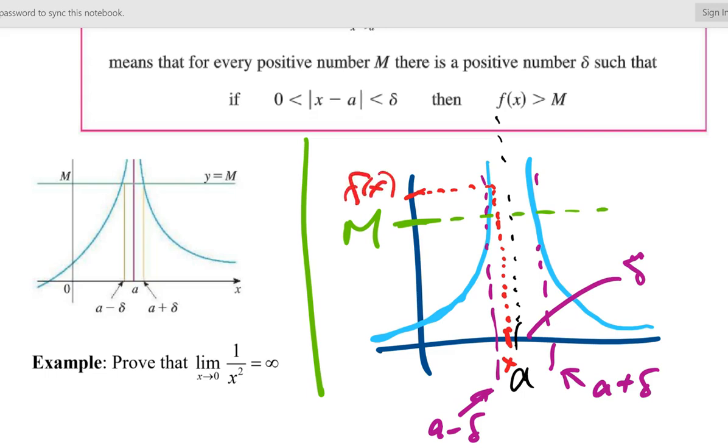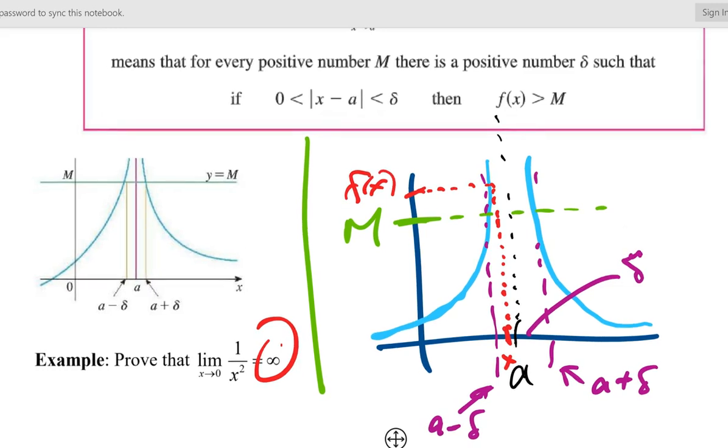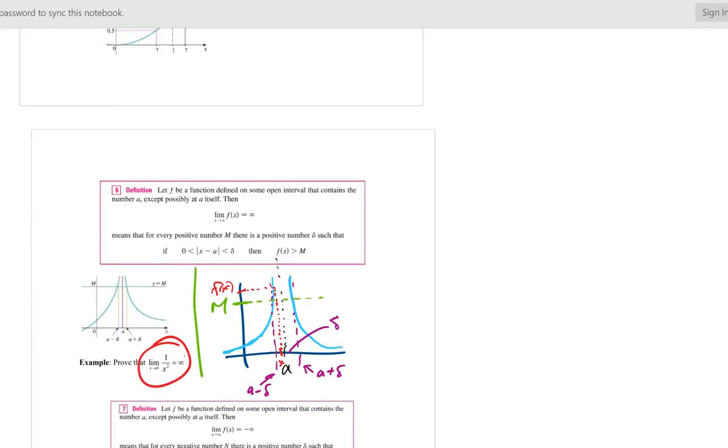All right. So this time you don't want f of x to be bounded at all because the limit is infinity. Okay, limit's infinity. So that's the basic idea. So let's do this example here. I'll show you.